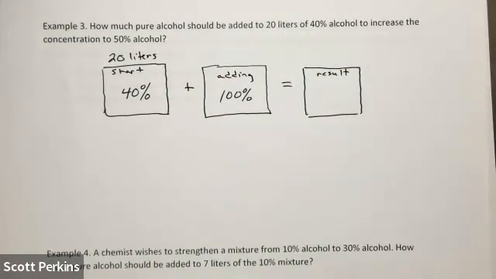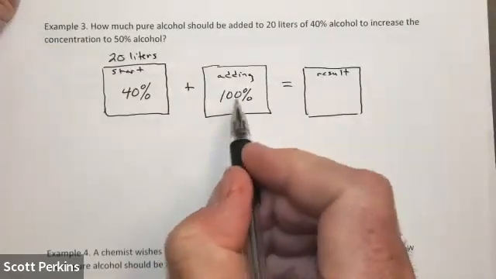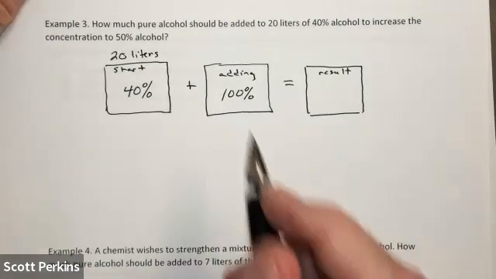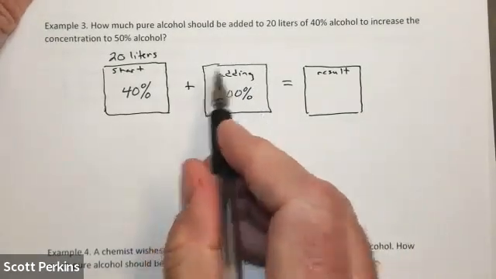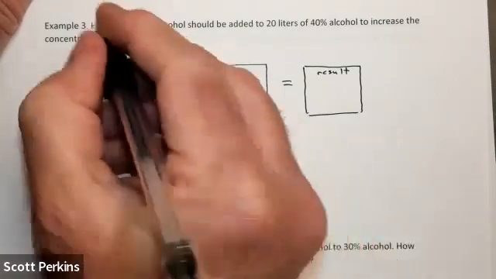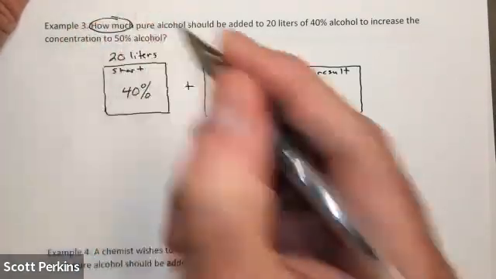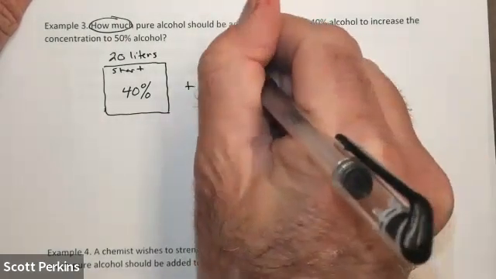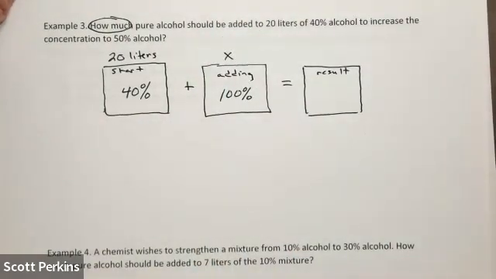As I mentioned, if the problem had said you have an 80% solution, then you just put 80% here. This works no matter what the percents are. What's the volume of the 100% solution that I'm adding? I'm unsure. It says right here, how much? That's the question that I'm seeking to answer. So I'm going to call this X liters. I don't know how much it is.